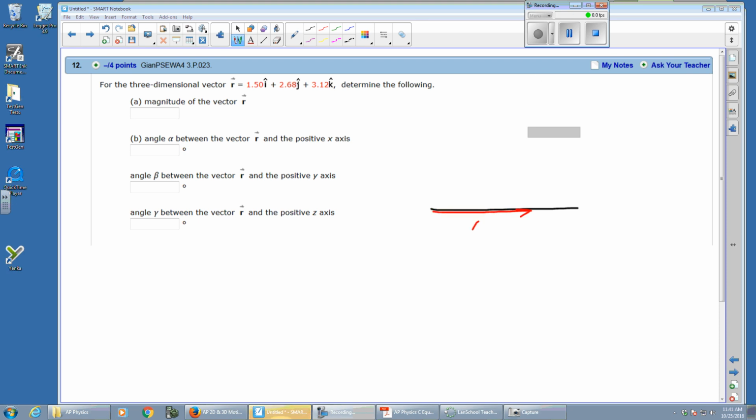Got a component 1.5 in that direction, a component of 2.68 in that direction, and so my vector is in that direction, and I'm looking for alpha there. So I would use that tan of alpha is opposite 2.68 over 1.50.